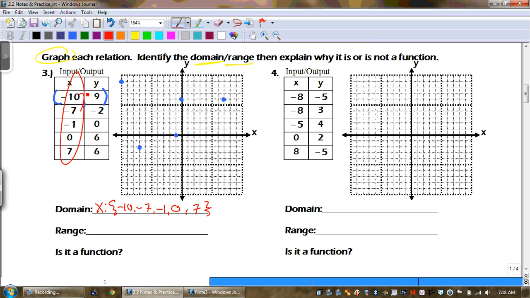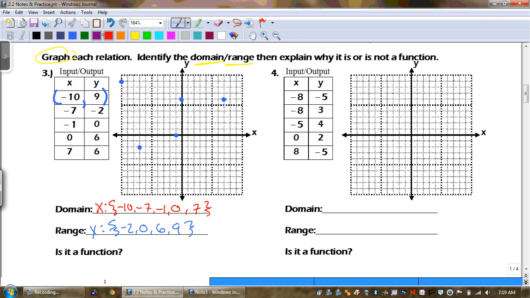Remember, we get those all from the column right there. And then our range, this is the first time where this is going to happen, where we have two numbers that are the same. And when that happens, we don't have to write them twice, we just write them down once. That's it. Okay?